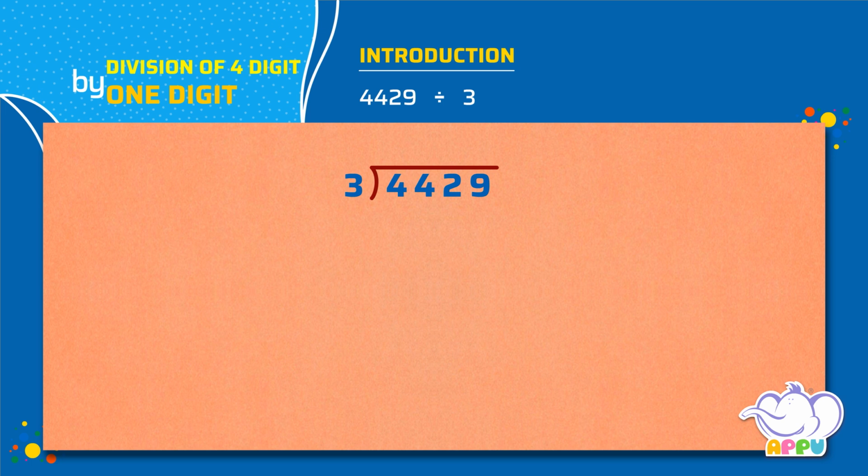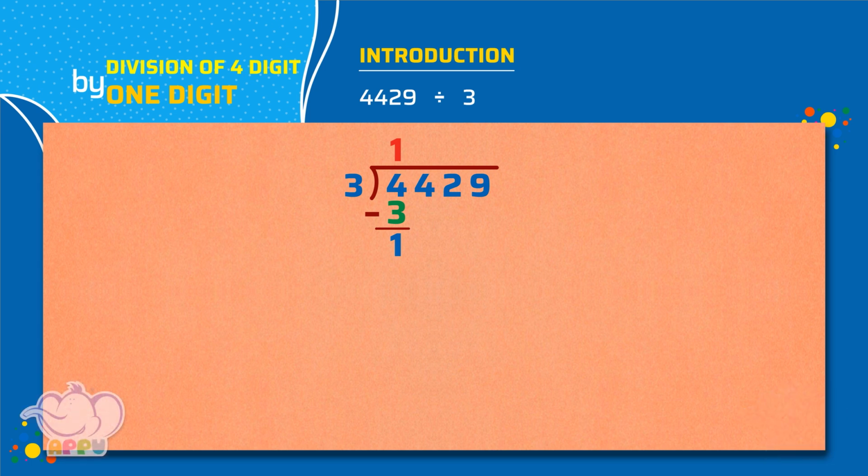We figure out how many 3's does it take to make 4 or almost 4, which is 1. Step 2. We multiply 3 and 1, we get 3. Step 3. We subtract 4 minus 3 equals 1.